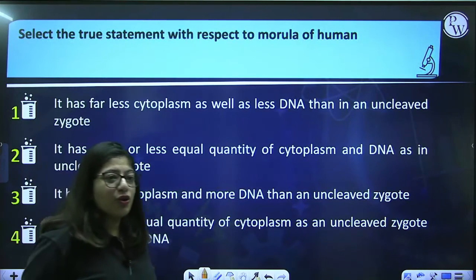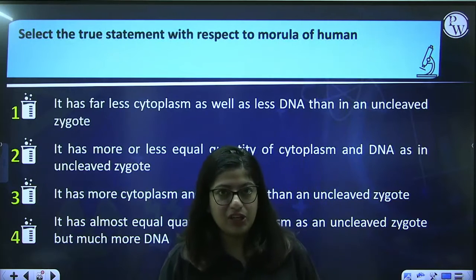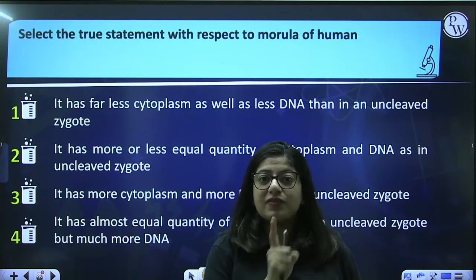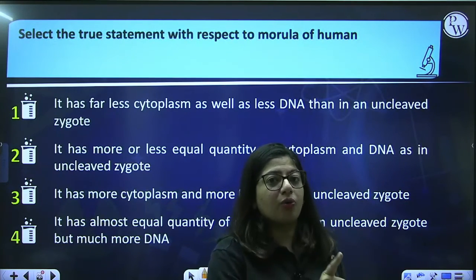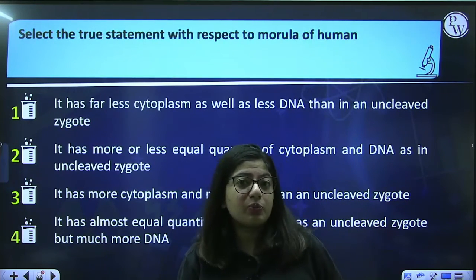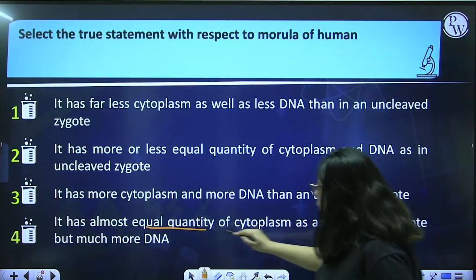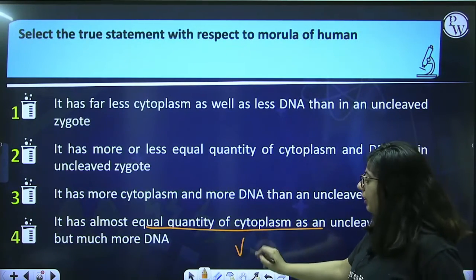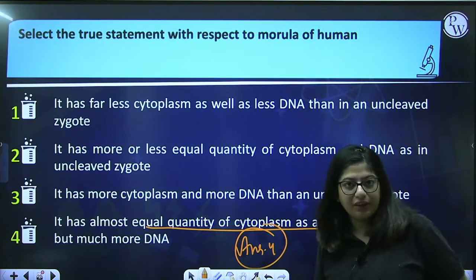This is a question on how the nucleus and cytoplasm divide during cleavage. As you know, the size of zygote and morula is the same. Why? Because cytoplasm does not grow. The cytoplasm present in the zygote is the same in the morula. So it has almost equal quantity of cytoplasm but more DNA, because the cells are dividing, so definitely the nuclear material is dividing. Okay. Next.